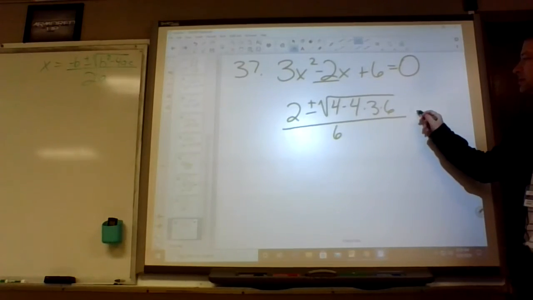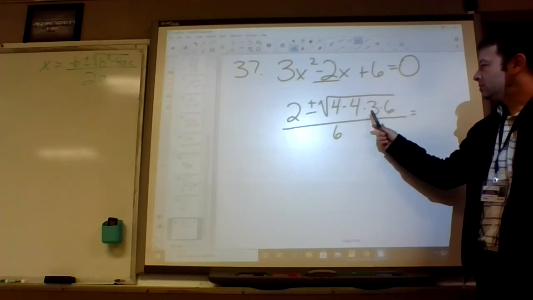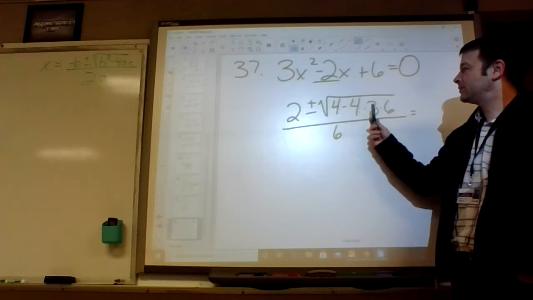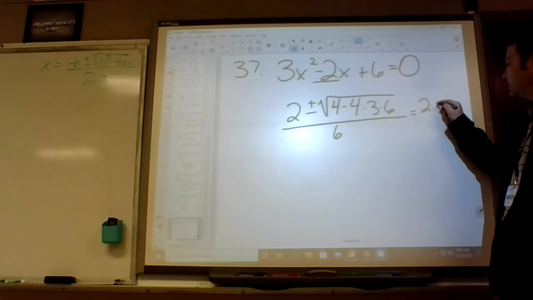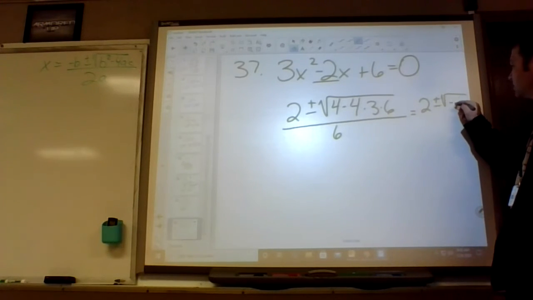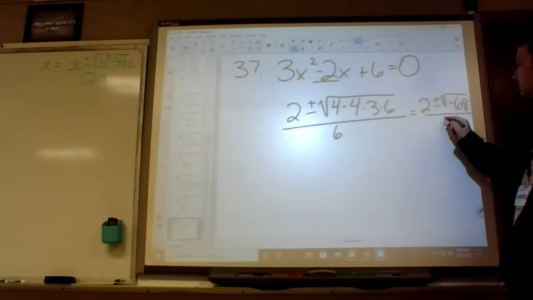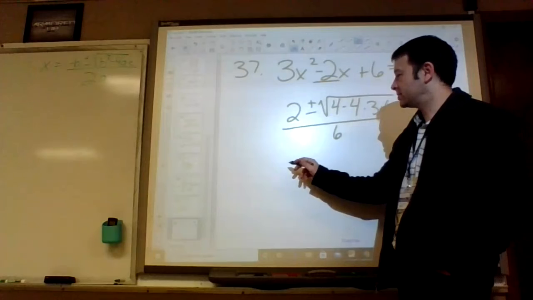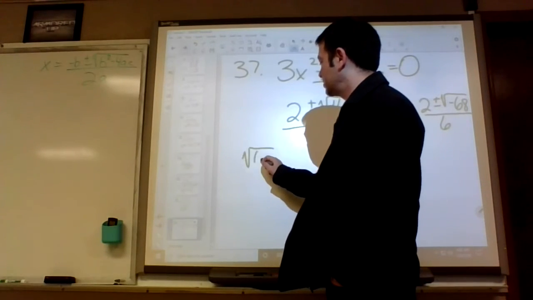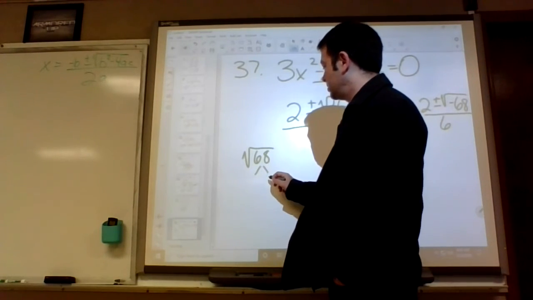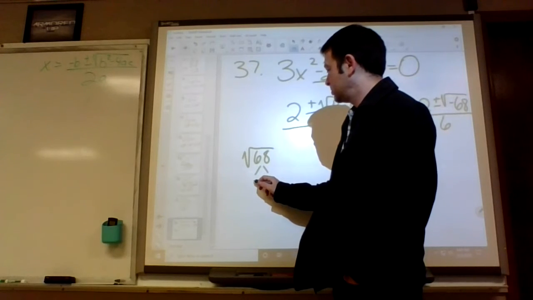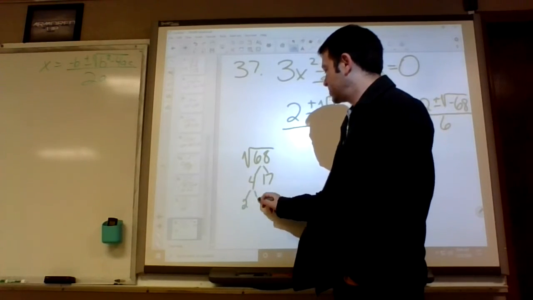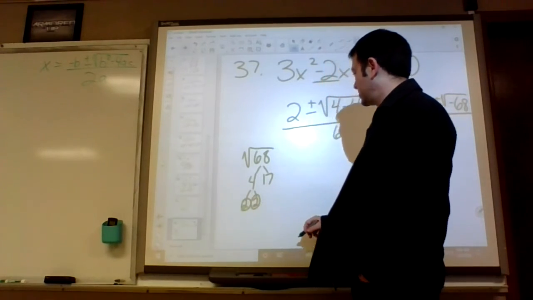Let's see, 4 times 3 is 12 times 6 is 72. 4 minus 72 is negative 68. Does 68 simplify? Yes, 4 times 17, so it's 2 times the square root of 17.